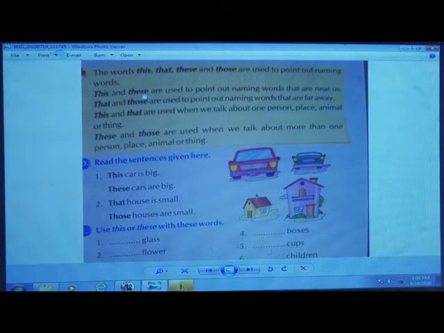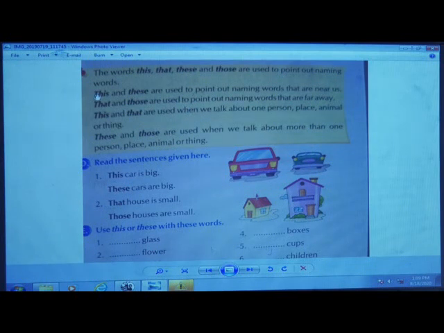So, this and these are used to point out naming words that are near us. Then that and those are used to point out naming words that are far away.